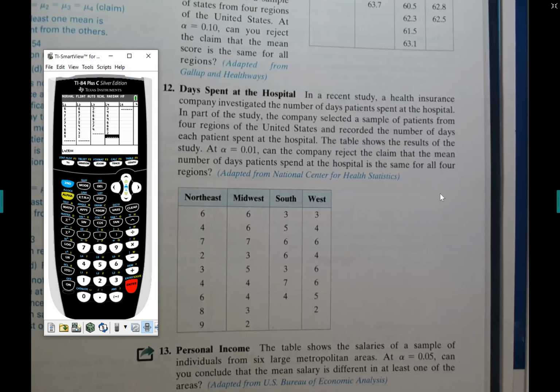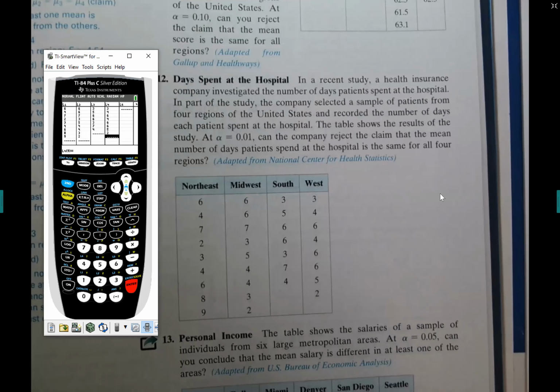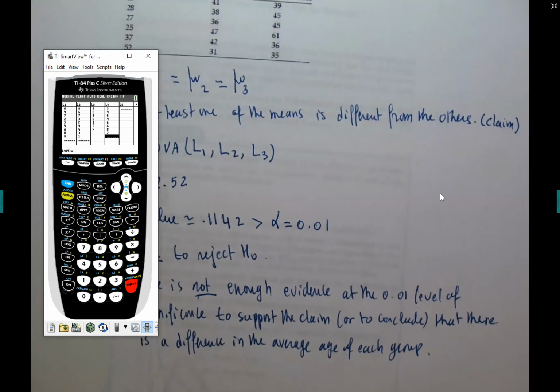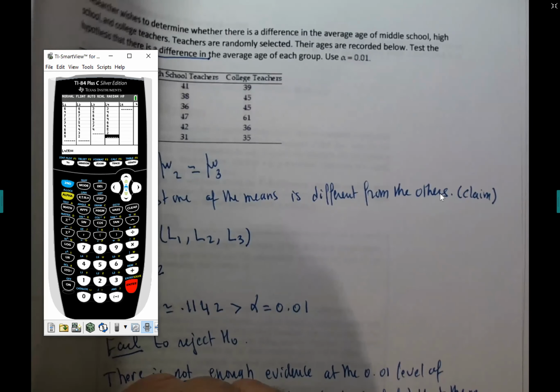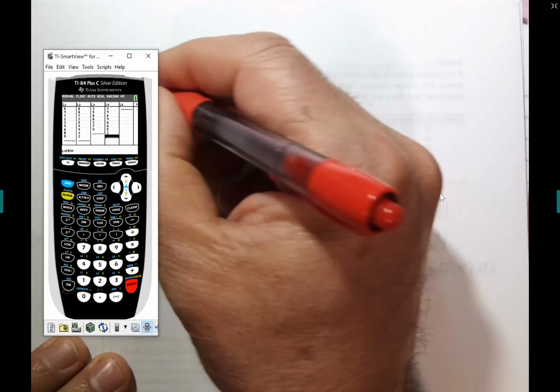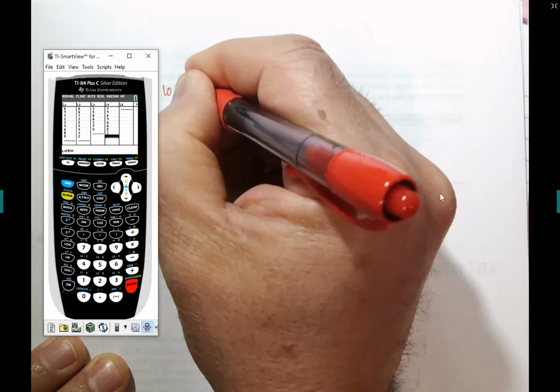So the claim is mu1 equals mu2 equals mu3 equals mu4. And alpha here, guys, is 0.01. So that was section 10.4, number 12.